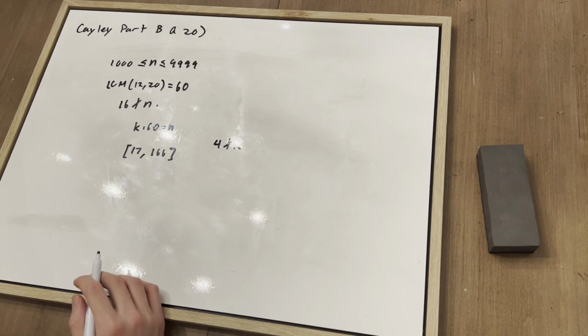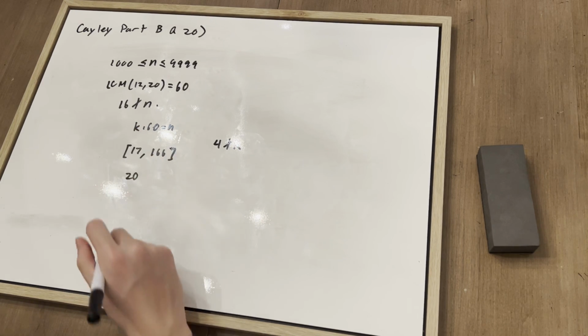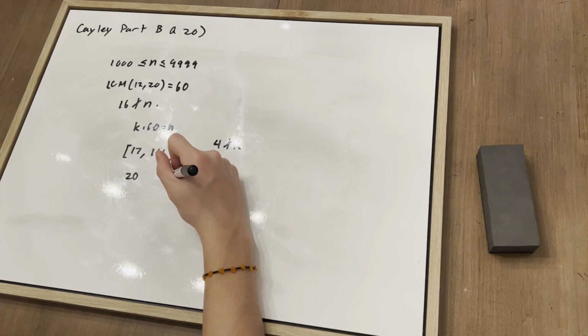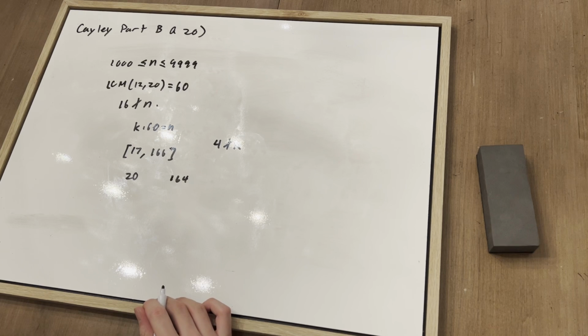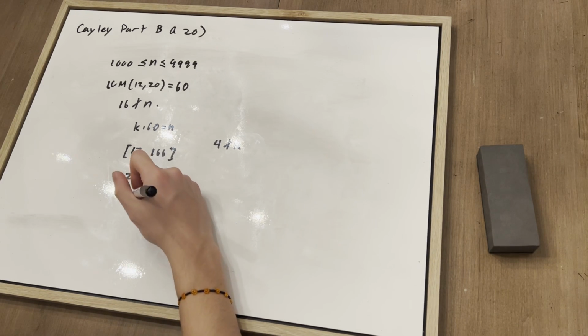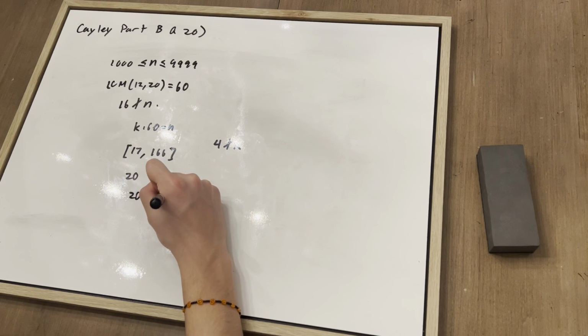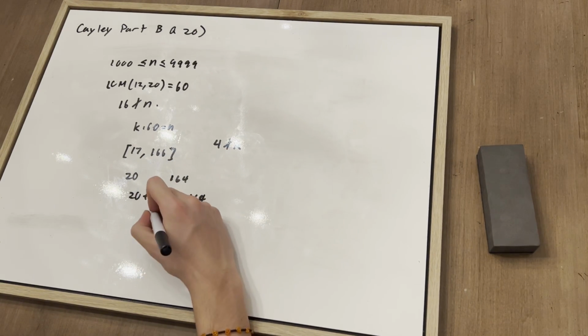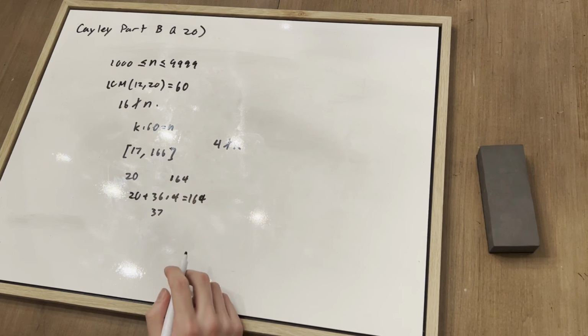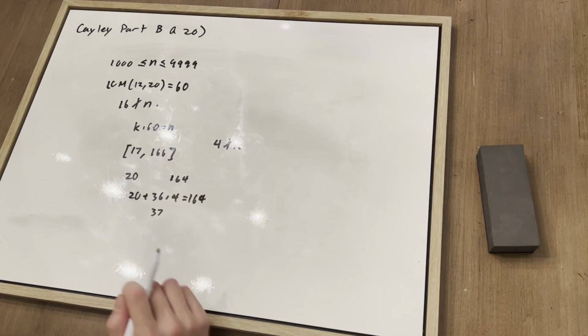We can do that very easily by considering that 20 is right above 4, and 164 is the greatest multiple of 4 that's less than 166. What we can do then is to see that 20 plus 36 times 4 equals 164. So you can conclude that there's 37 multiples of 4 between 17 and 166.